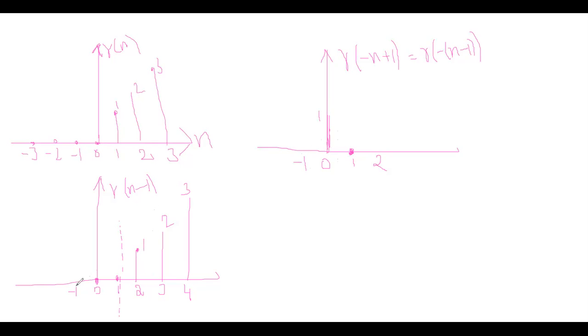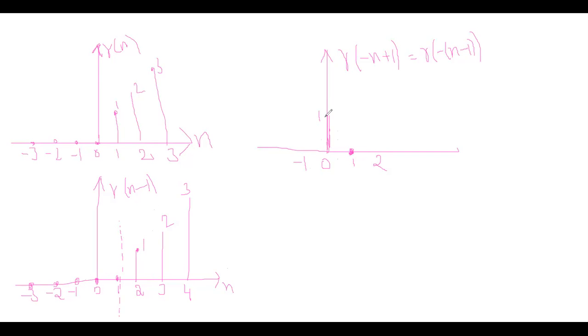Here the minus 1 is a 0, minus 2 is a 0, and minus 3 is a 0. So we are folding at the 1, means the value at 1 has no change. The value at n is equal to 2 appears at 0.